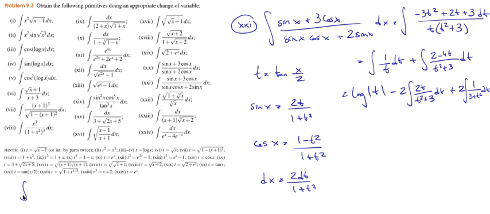And now we have to work with this a bit. So we have 1/3 of 1 plus t squared divided by 3. So if we write u is t divided by the square root of 3, you get 1/3 of 1 over 1 plus u squared, and then du is... wait a minute, you have u is t divided by the square root of 3, so du is dt, right?